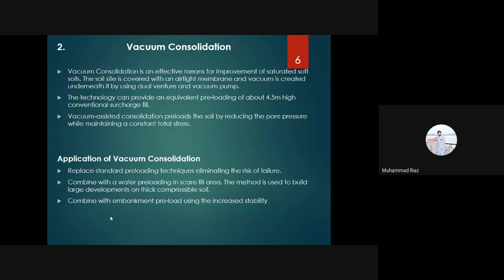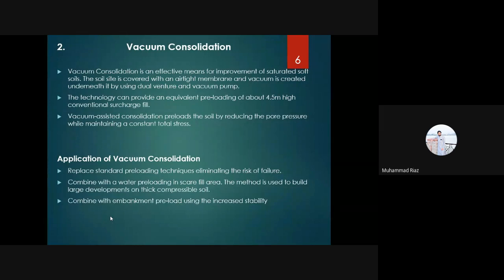The technology can provide an equivalent preloading of about 4 or 5 meter high conventional surcharge fill. Vacuum assisted consolidation preloads the soil by reducing the pore pressure while maintaining a constant total stress.